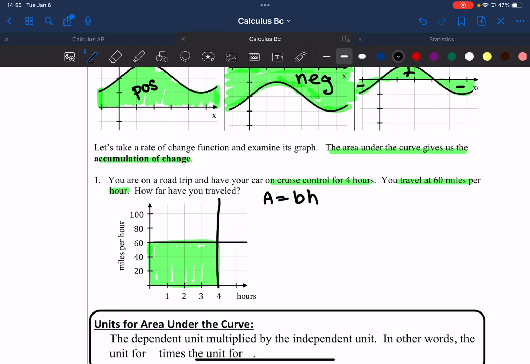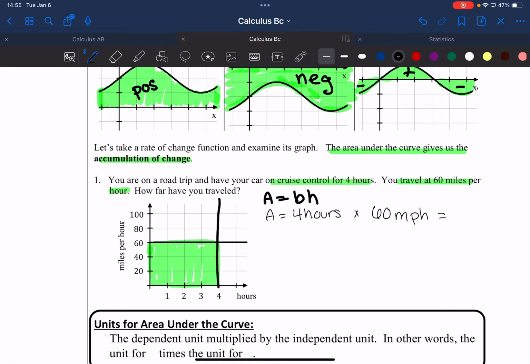Okay, so if we did this, what would be the base? 4 what? 4 hours. So we would say the area is equal to 4 hours. And what would be the height? 60 miles per hour. Okay.